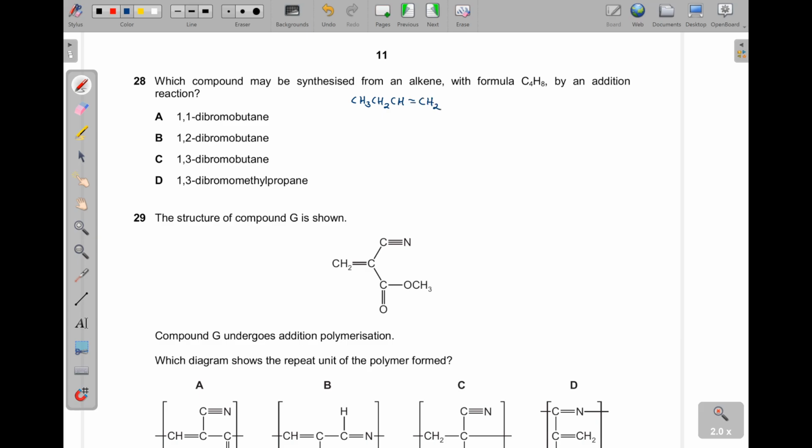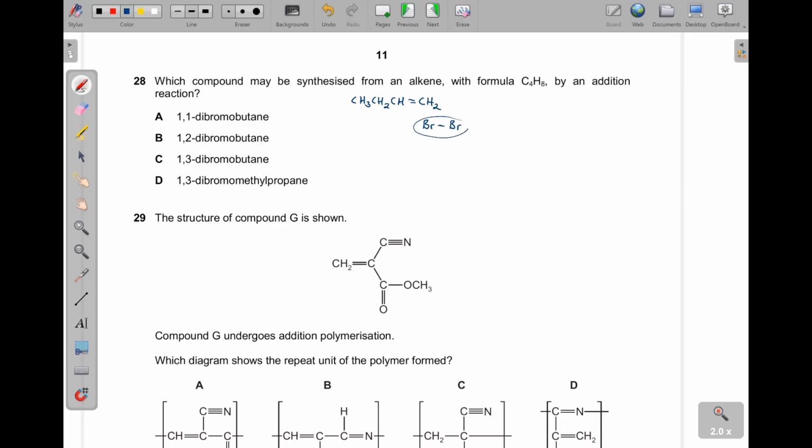Now since we are having 1,2-dibromo, that means we are adding bromine. So we are going to have this bromine molecule here, and since the two bromines have the same electronegativity, there is no charge. The dipoles cancel out.